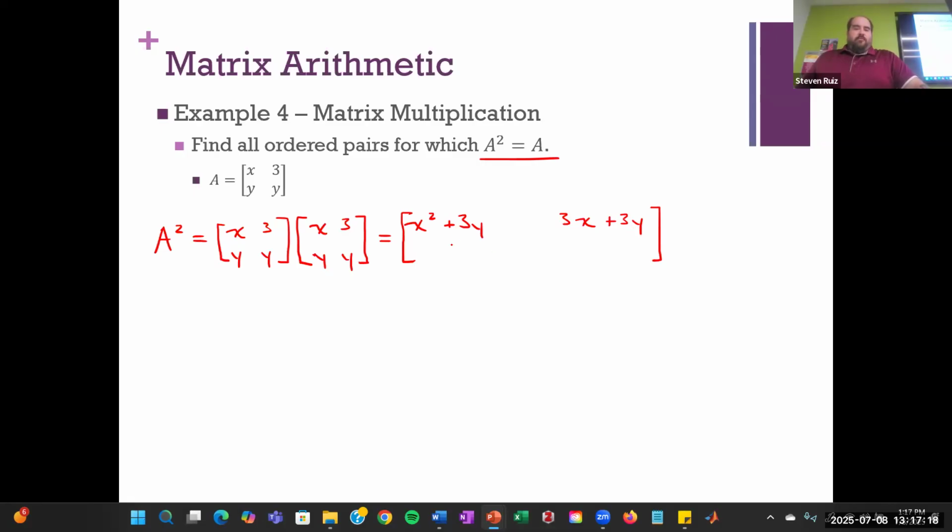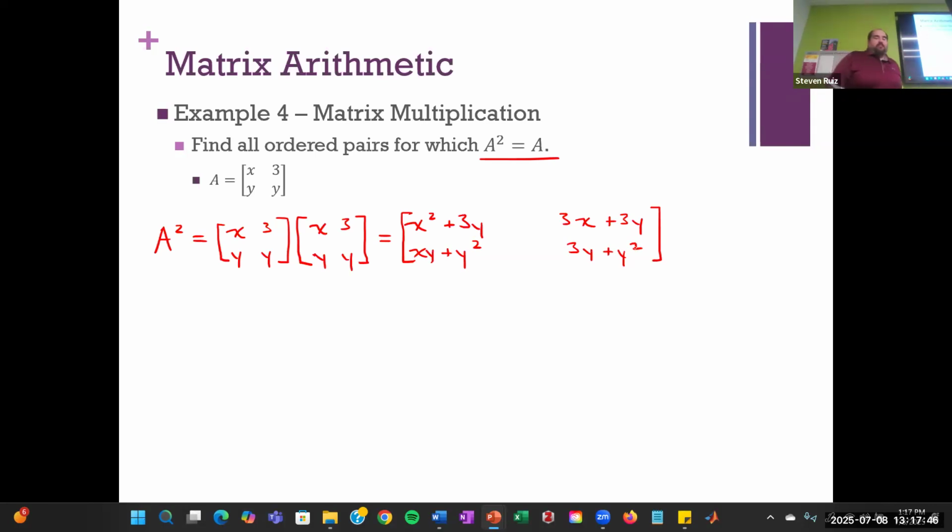All right. 2, 1: xy plus y squared. And finally, 3y plus y squared. Okay, so now we have A squared.